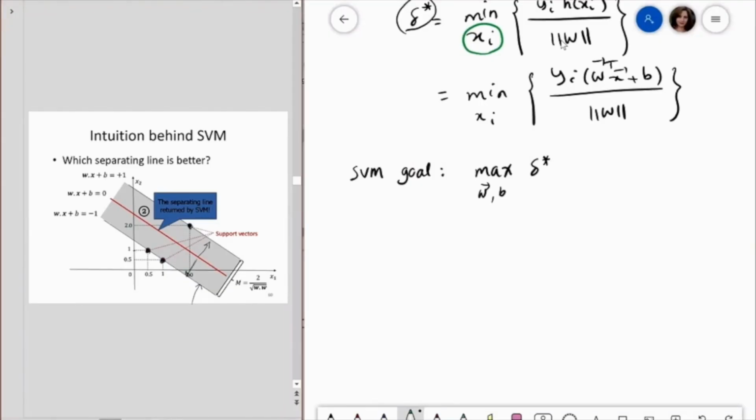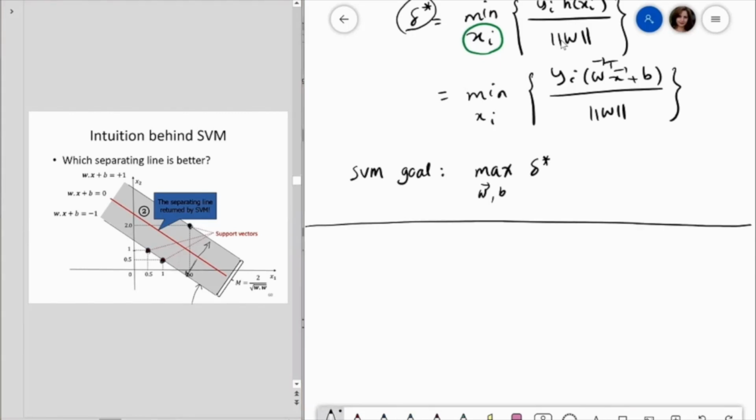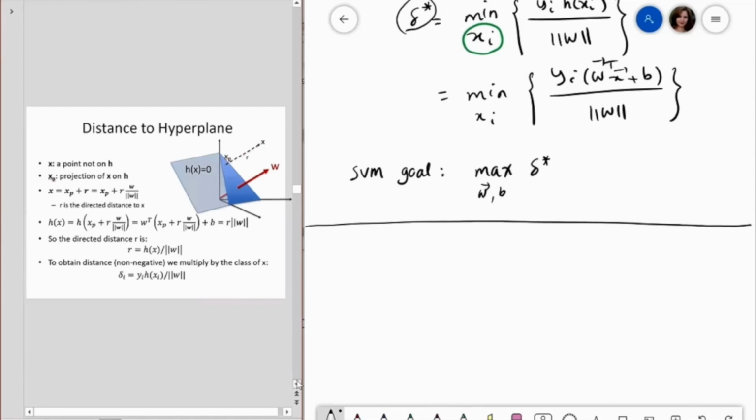All right, so far we have learned that SVM's goal is to find the line that maximizes the margin with the data points in our data set in the two classes.